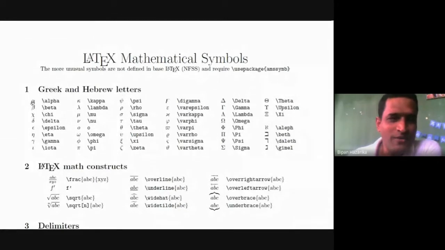If you want to write alpha in LaTeX, between dollar signs we write backslash alpha, the full spelling of alpha. Then after running the PDFLaTeX file, we see our Greek letter alpha. Similarly, if you want to write the Greek letter beta, we write backslash beta within dollar signs. Then we see beta.